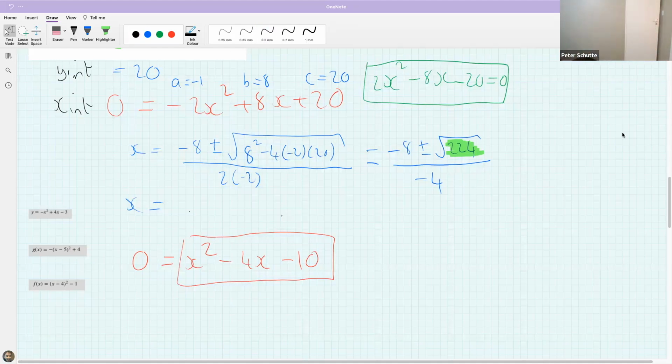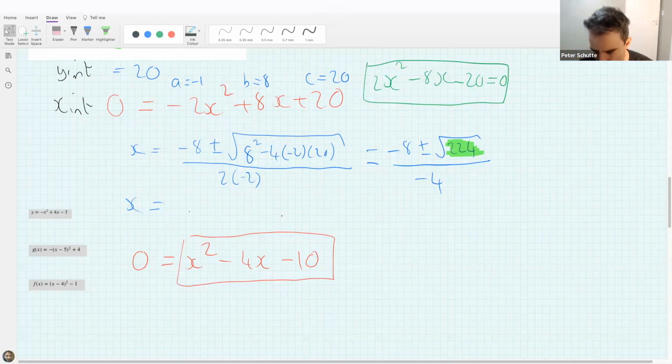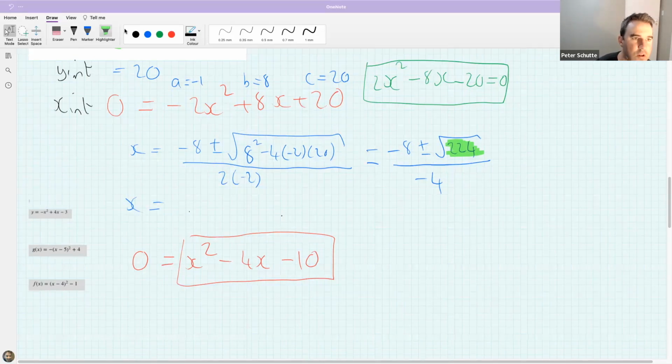Where's my calculator? Yeah, I found it. Let me just make sure. Okay. So if I go minus 8 plus square root 224 divided by minus 4, I get minus 1.74.